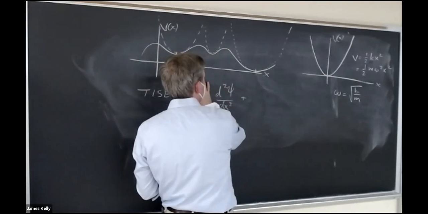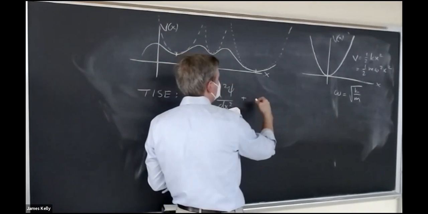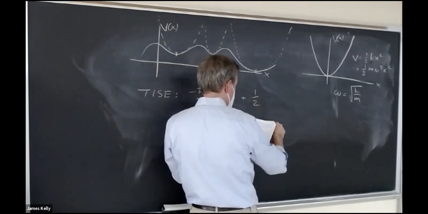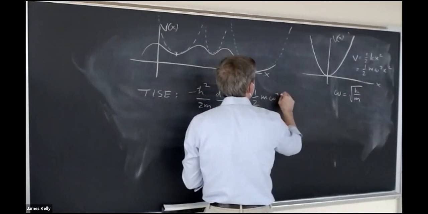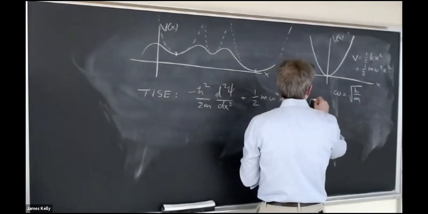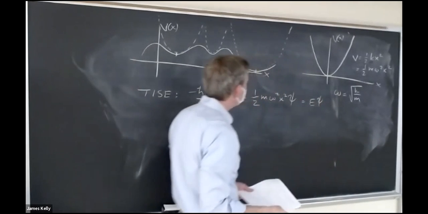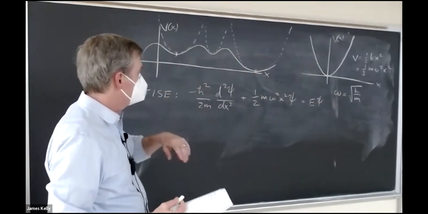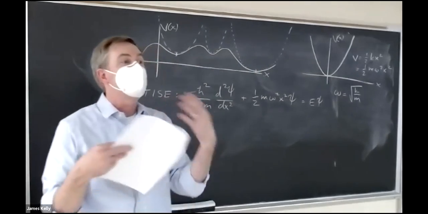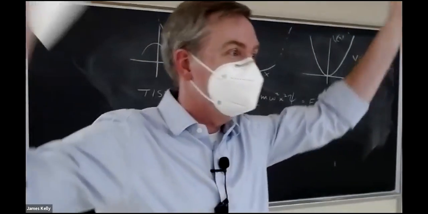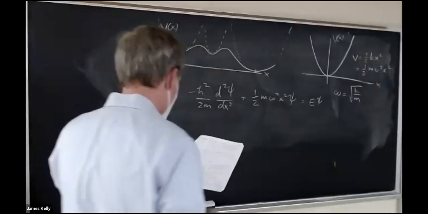That's the kinetic energy operator applied to psi plus the potential energy operator, 1/2 m omega squared x squared, applied to psi, should be equal to E psi. And we're going to look for solutions to this ordinary differential equation, psi as a function of x, that are normalizable. They can't go up to plus or minus infinity as you go out on the x-axis.